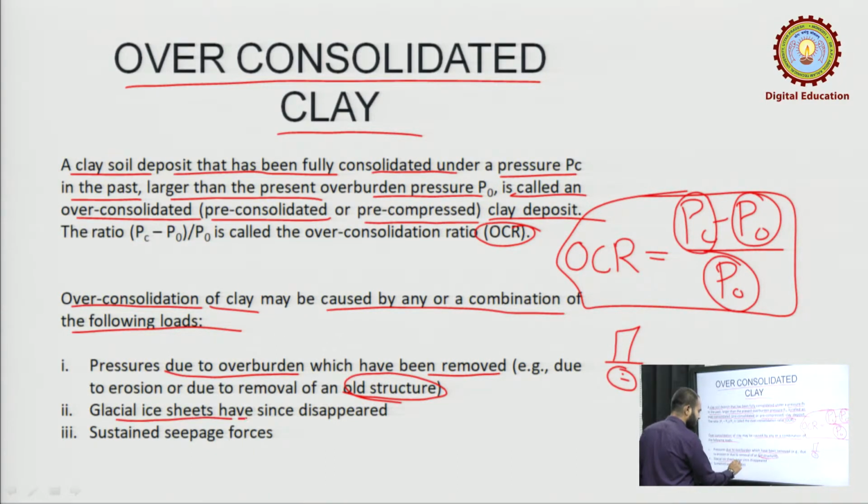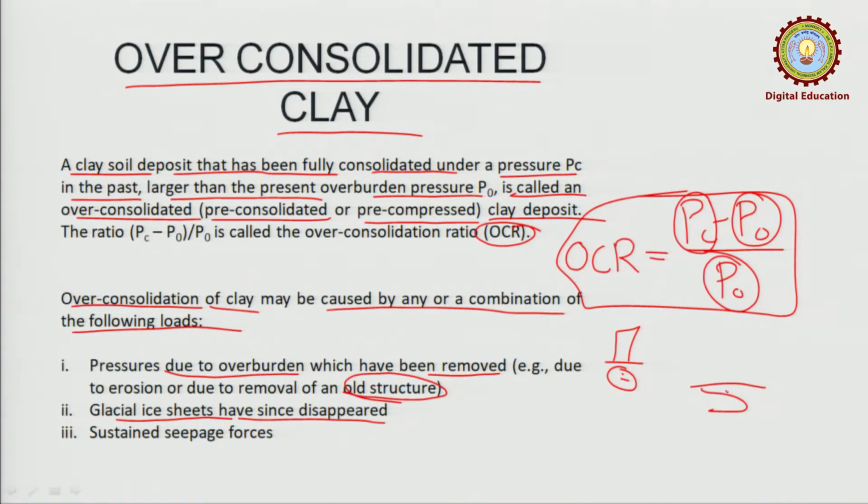Glacial ice sheets which have disappeared. Suppose this is a soil deposit, and here was a glacier, but due to heat it melted away. Now, there is only this soil. So, it has already borne a stress greater than what it is now bearing, so this is an over consolidated soil.